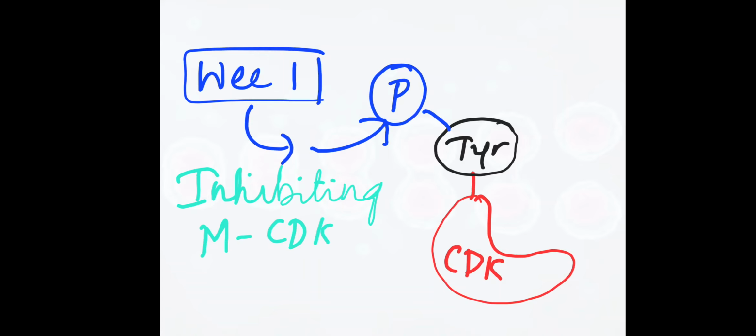If there is a loss of function mutation in the V1 gene, it causes premature entry into mitosis resulting in small cells, okay.